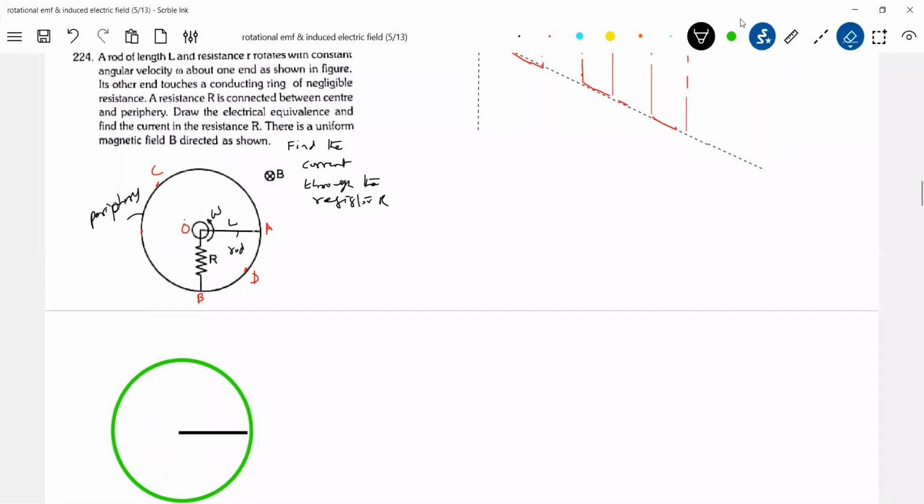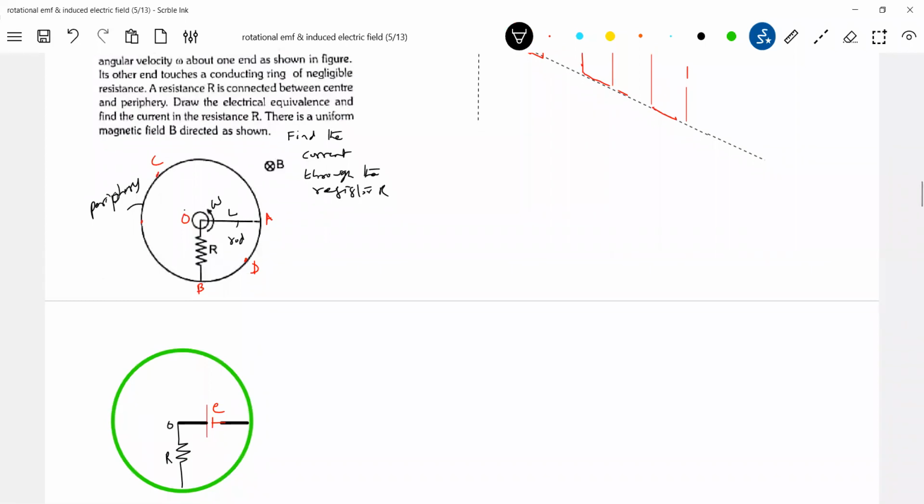So in place of the rotating rod, I'll bring a cell here. It rotates with constant angular velocity, so the EMF induced across the cell will be constant. And this is that resistance R. This is O, A, B, C, and D.